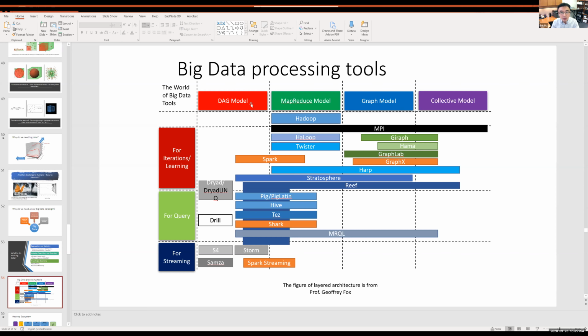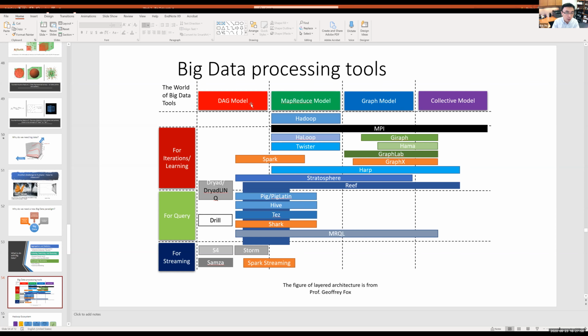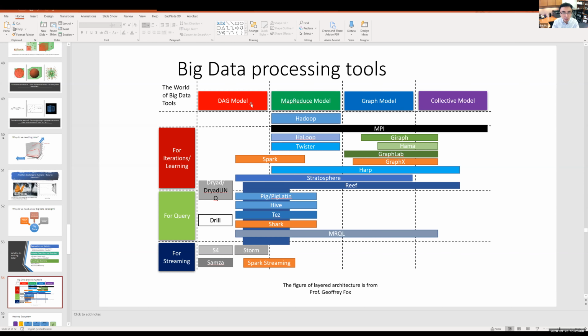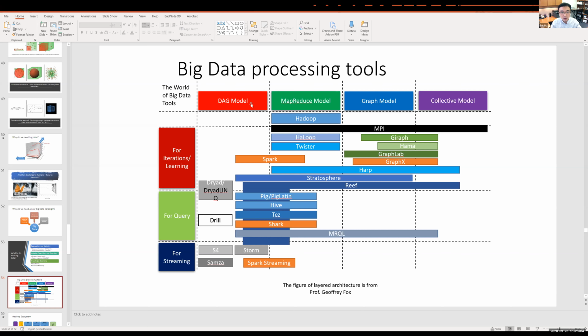The MapReduce model is based on two processes, the map and reduce process, which we will talk about in a moment. The collective model is more the integration of different models. Among the four kinds of big data processing methods, MapReduce is the most popular.